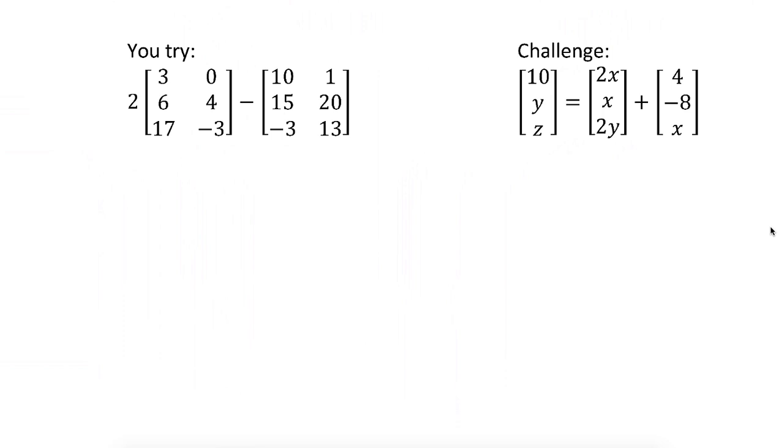Okay, now if you've come back, you're trying to look for the answer, let me show you how to do this. So let's say we're doing this one right here, and we got 2 times this matrix here, so this would be 6, 0, 12, 8. 2 times 17 is 34.